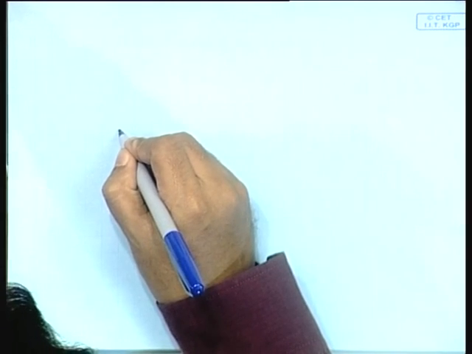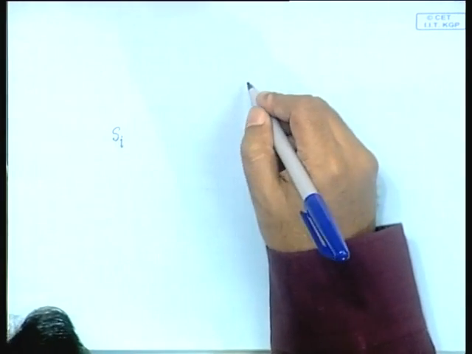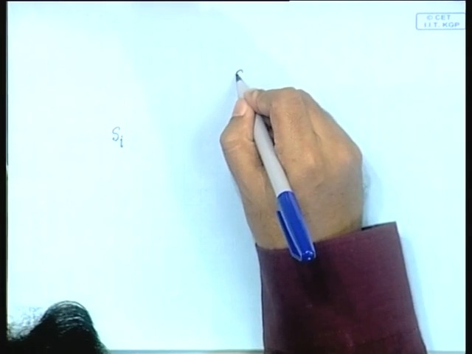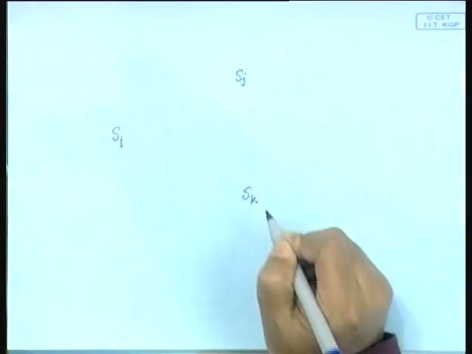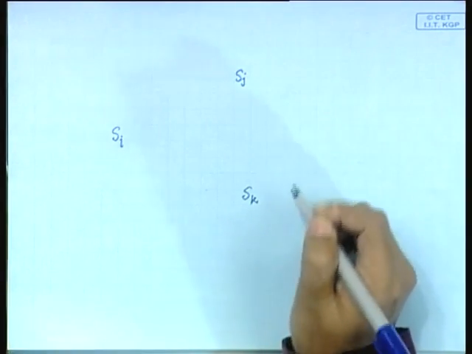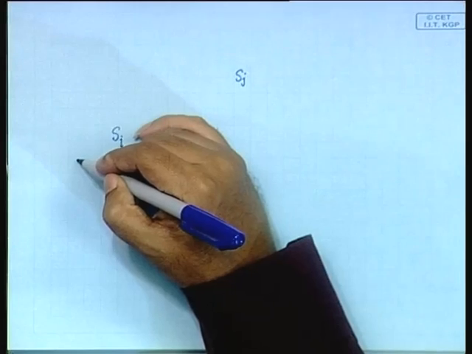Suppose I have processes Si, Sj and Sk, and these have their own request sets.